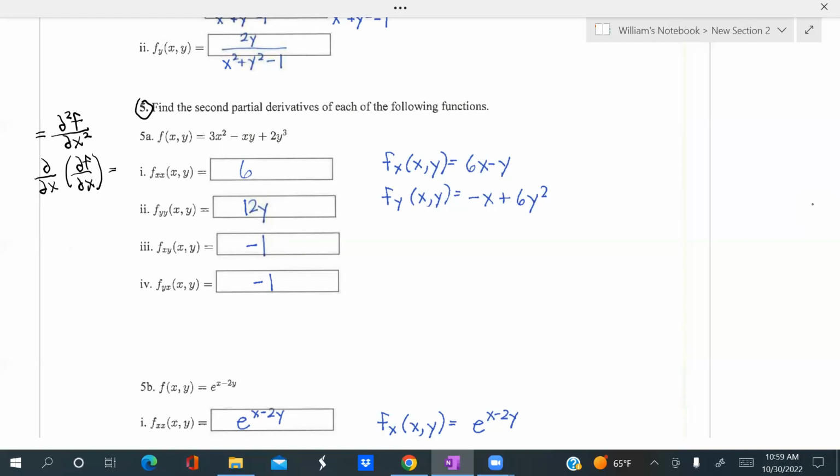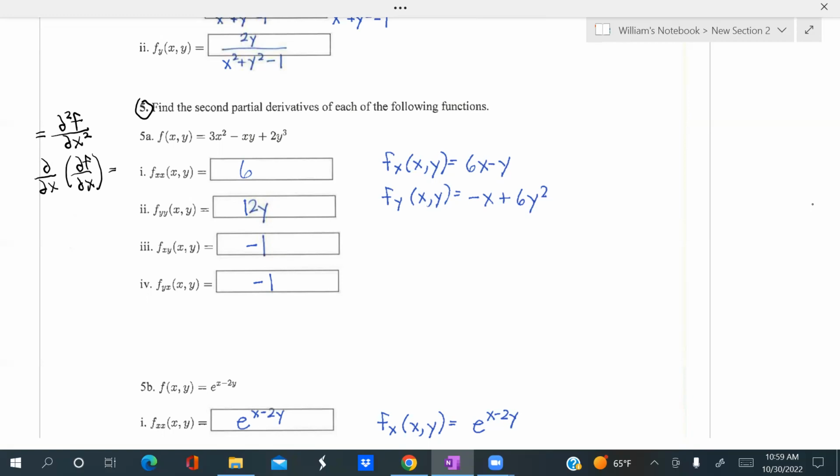So just differentiate the original formula with respect to x, and when you do that, you're going to get 6x minus y. And then differentiate that again with respect to x, the second time, and you get just 6. So that second partial with respect to x is 6.